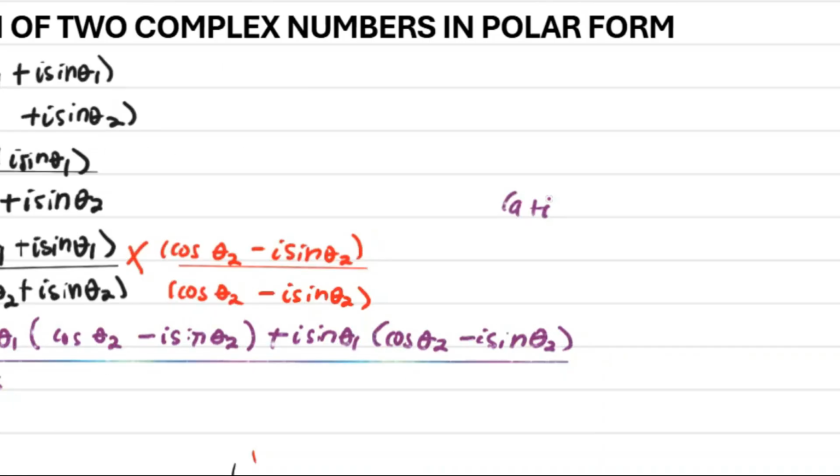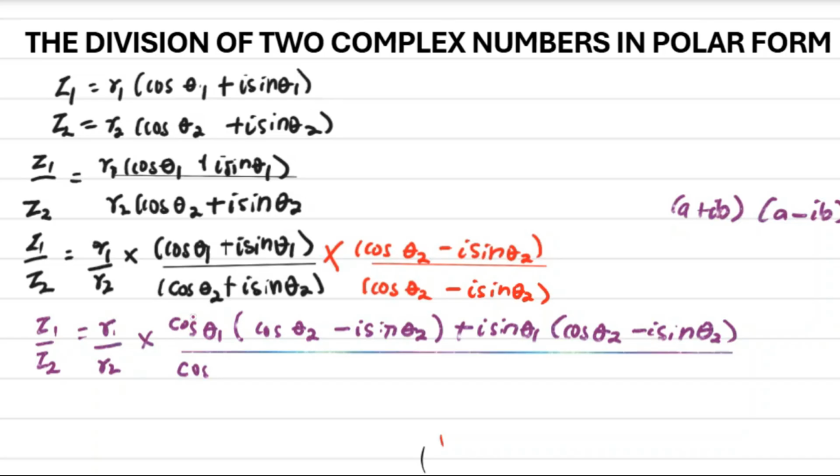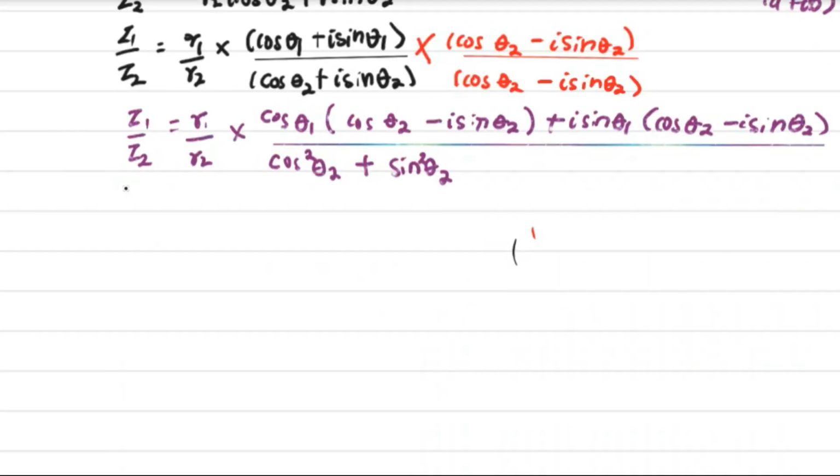And that is going to, when we multiply A plus IB multiplied by A minus IB, what we are supposed to get is what? A square plus what? Plus B square. So it means that the denominator here, our A here is cos theta 2. So this will give us cos theta 2 square plus sine theta 2 square. So everything at the denominator here is going to give us this.